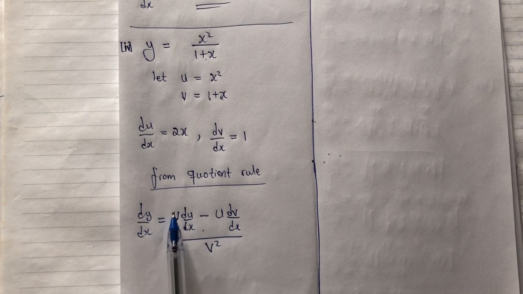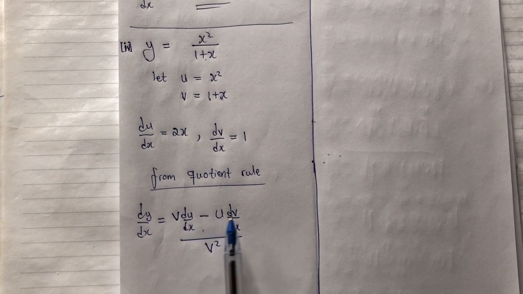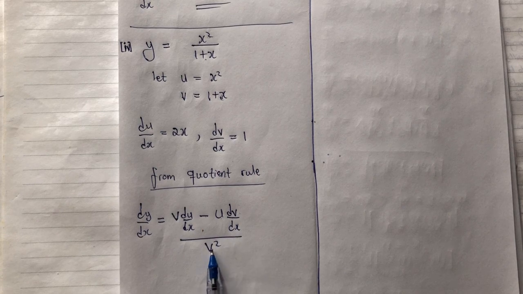If you bring this one here and you take this to this, then you are wrong, because subtraction is not commutative. 2 minus 3 is not the same as 3 minus 2. So we should note that. So you write v first, you take the derivative of u minus u derivative of v all over v squared. You don't divide here by u squared.